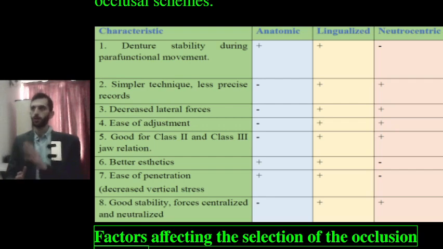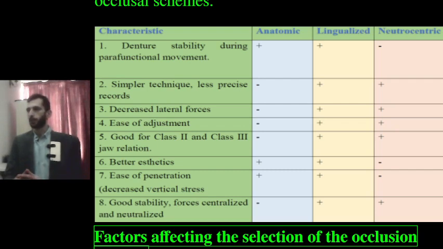For the dentures that we have mentioned before, we have the anatomic, lingualized, and neurocentric. The denture stability during parafunctional movement is positive with anatomic and lingualized, and negative with neurocentric. For the simpler technique and less precise record, there is negative with anatomic, positive with lingualized and neurocentric.